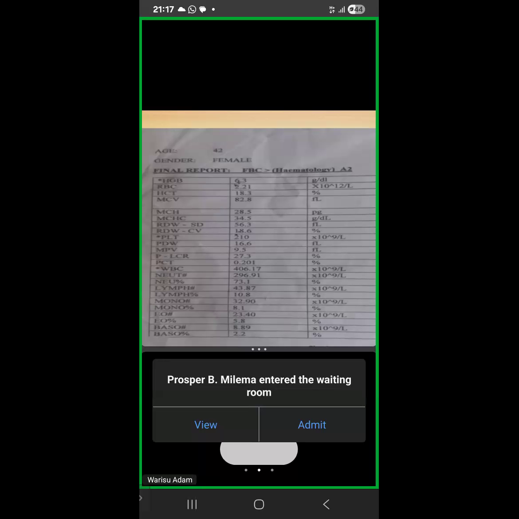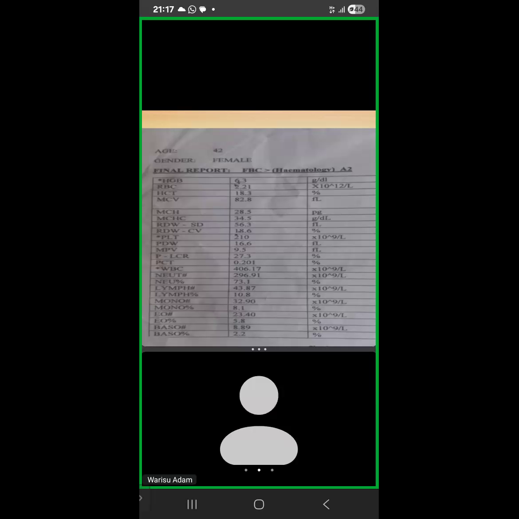The full blood count also shows neutrophils are the majority, so I expect to see a preponderance of mature neutrophils on the film. Then lymphocytes too are high, so I expect to see them slightly high compared to the neutrophils.